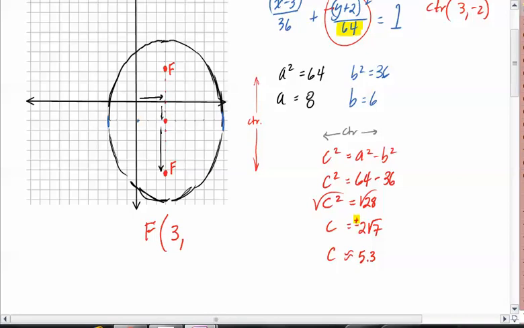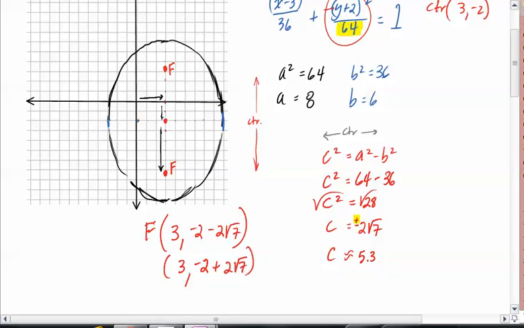So think about it. I'm going to go -2 minus 2 square roots of 7. That'll get me to the exact location of that focus. In like manner, we're going to go over 3 for the other focus, and we're going to take -2 plus 2 square roots of 7.